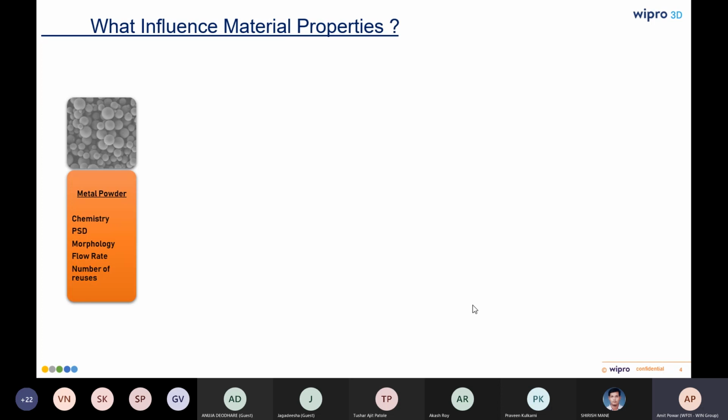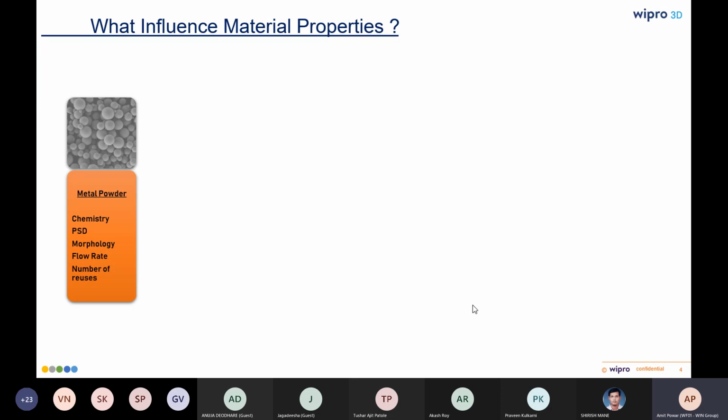Particle size for MIM and binder jetting is different, for laser powder bed fusion is different, and for electron beam melting, EBM, is different. For consistent properties in every build and to ensure repeatability, it is very important that the chemistry and PSD should be similar.